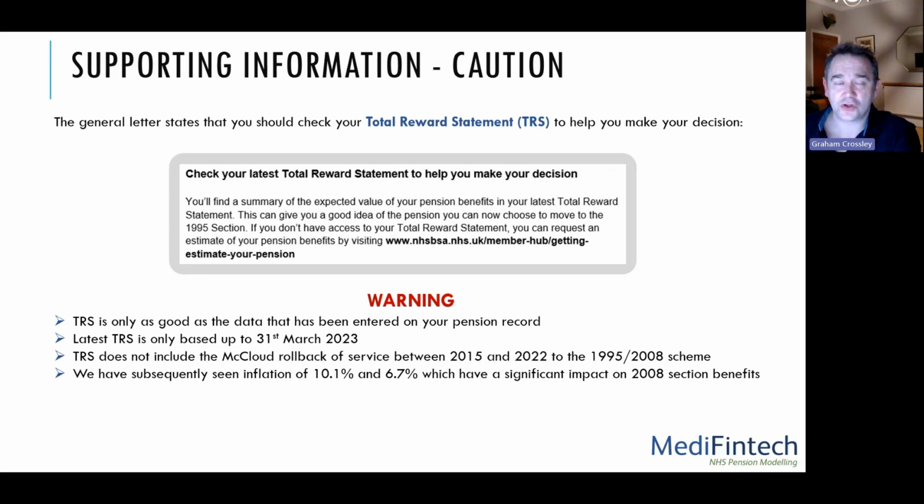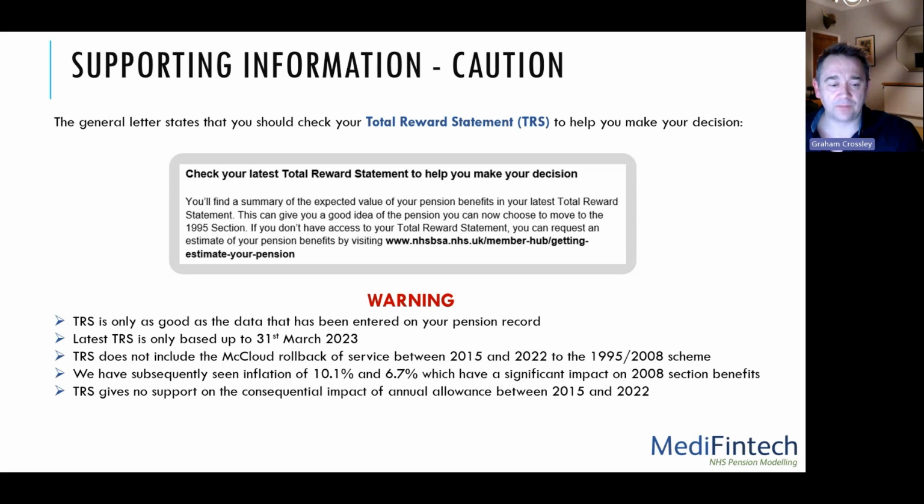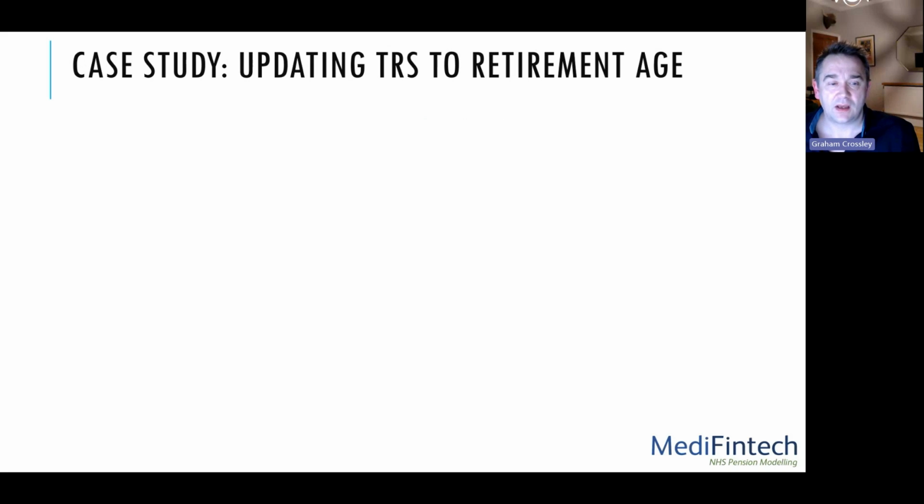I've got a case study that I'll show you how that impacts in a moment. But also, the total reward statement has got no support whatsoever with regards to the consequential impact on annual allowance by moving between the 08 to the 95.